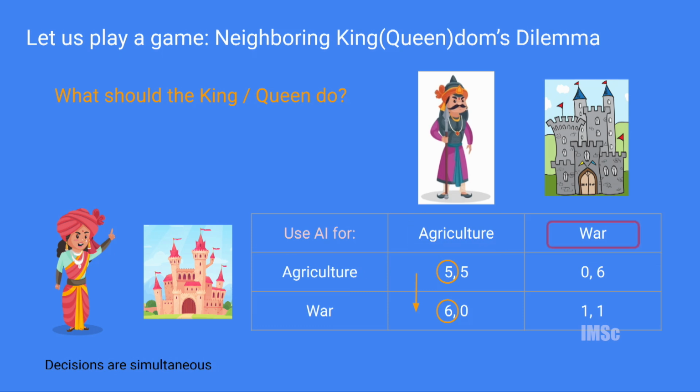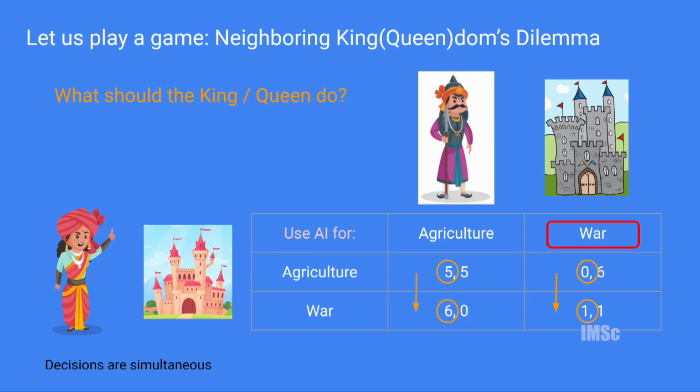If your opponent chooses war, then also it is better for you to go for warfare. At least you can defend yourself rather than completely being plundered by the other kingdom, right. So we have this type of a situation, where the utilities are better for a specific agent irrespective of what other players are doing, right. What is the name of that strategy? That is a dominant strategy.